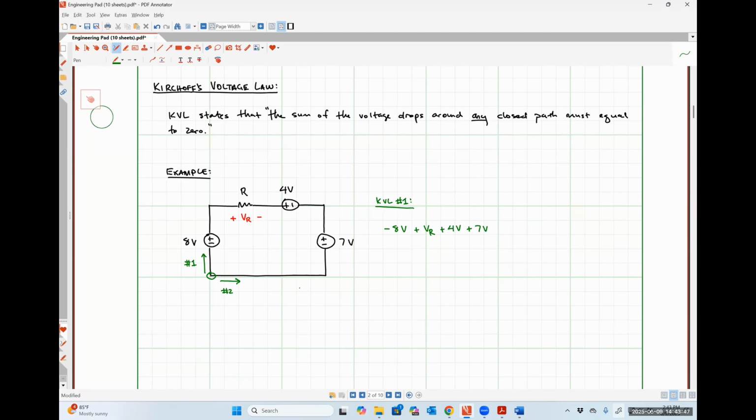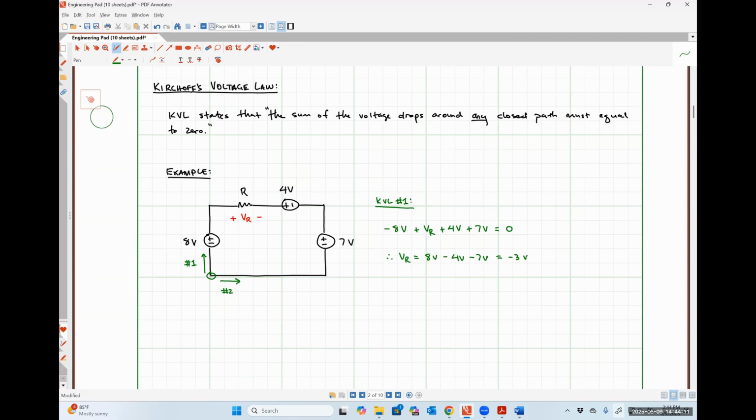And now I'm back at that bottom node, so I've closed my path. So I'll set this equal to 0, and then rearranging, I would find that VR is going to be equal to 8 volts minus 4 volts minus 7 volts, which is negative 3 volts.